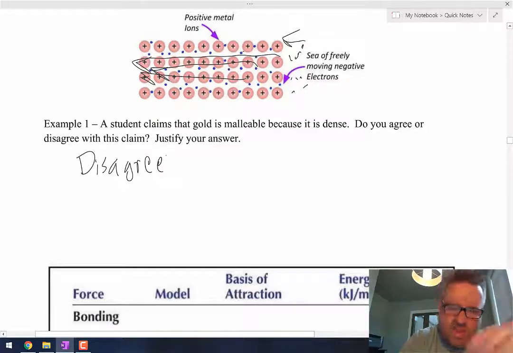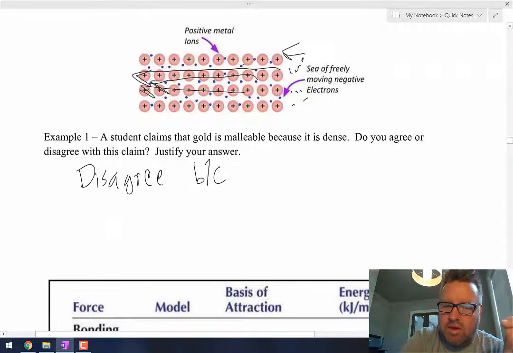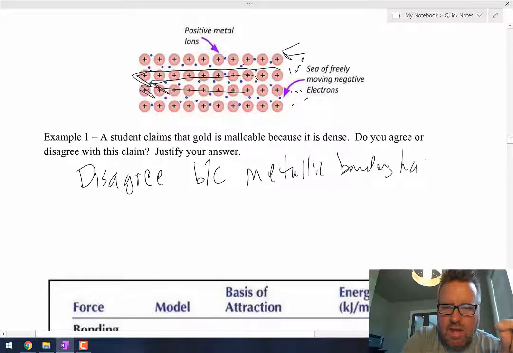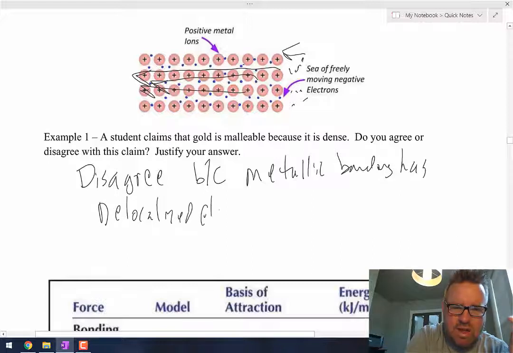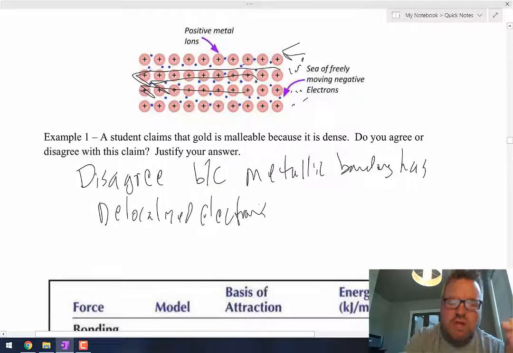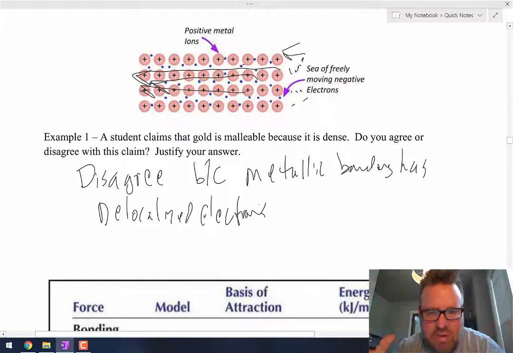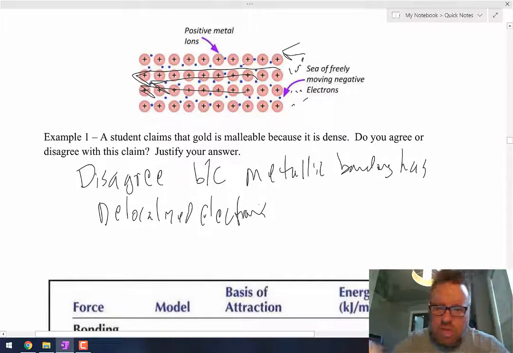And why? Now we're going to justify that. Why are we disagreeing? Well, gold is malleable because, what did we say just up here? Because metallic bonding has delocalized electrons, allowing the metal to change shape due to the movement of the electrons.